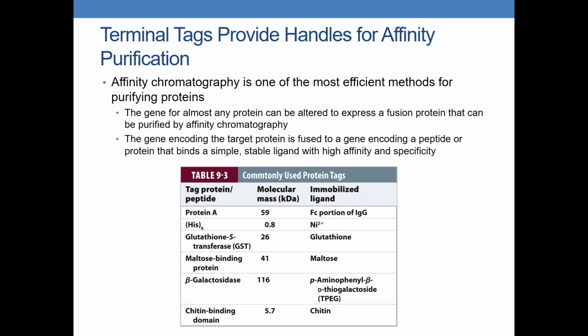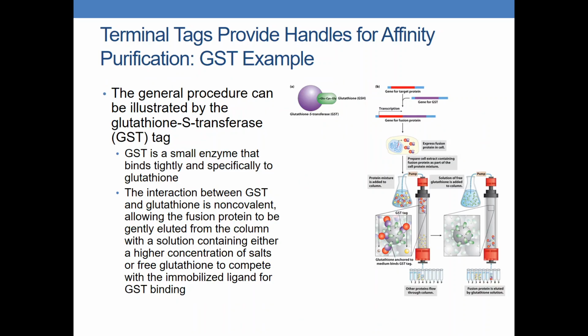So as an example, let's look at a GST labeled protein just to illustrate this point. Okay, so here we have our gene for our target protein, and we also have a separate gene for GST.